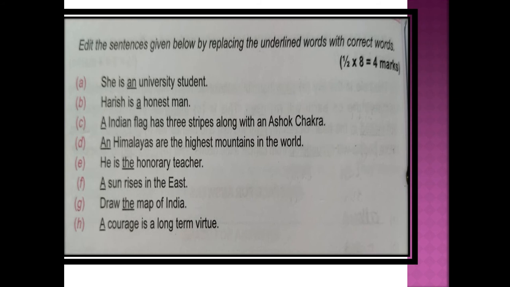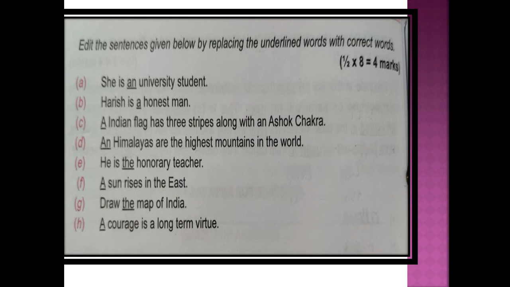The first one: she is an university student. Now your N is incorrect. Some of you may argue that the word starts with U, that is the vowel. But vowel is for sound, not for letter.